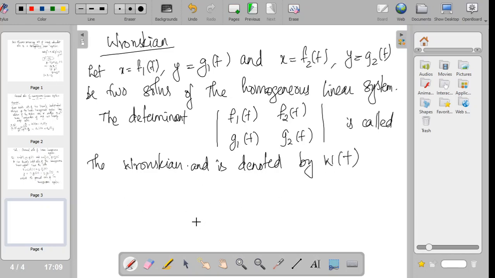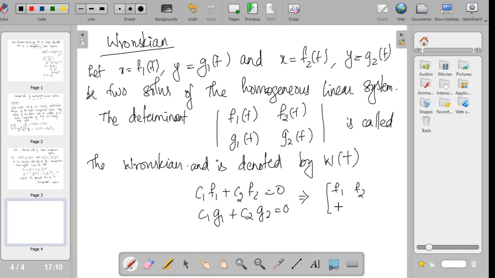So when we check linear independence and linear dependence, if c1 f1 plus c2 f2 equal to 0 and c1 g1 plus c2 g2 equal to 0, if both c1 and c2 are 0, you will get a linearly independent solution, and if one of them is not 0, then it is linearly dependent. But this can be put in the form of a matrix.